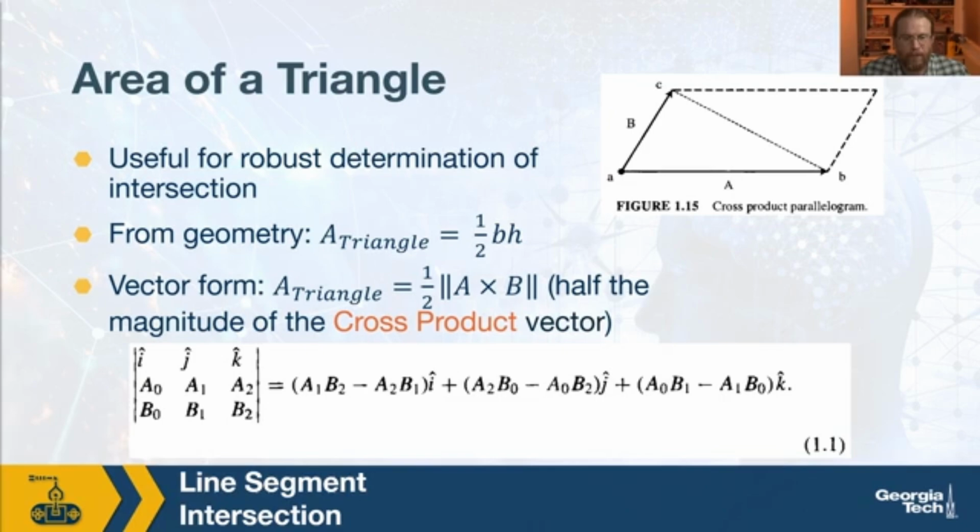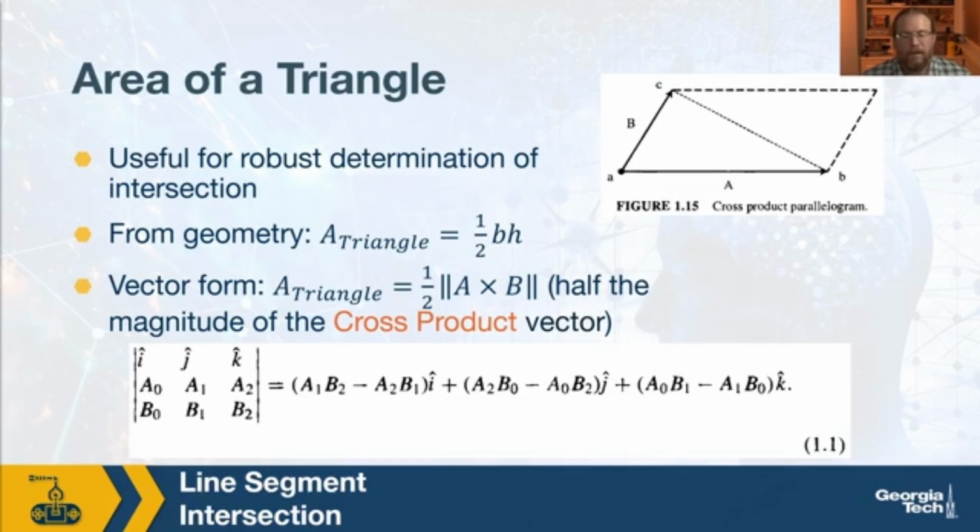And then you may have also seen the vector form computing the same thing, but if you have vectors defining your triangle, you can perform the cross product. Say you have a triangle as shown in this figure on the slide.